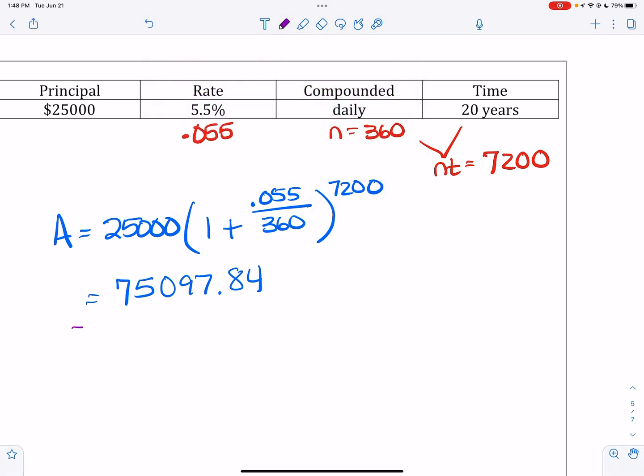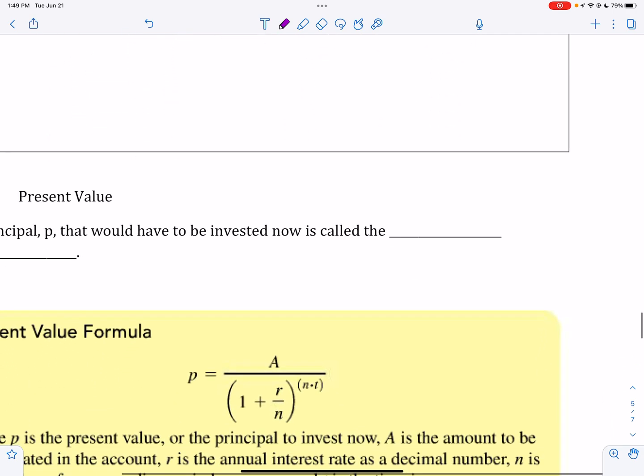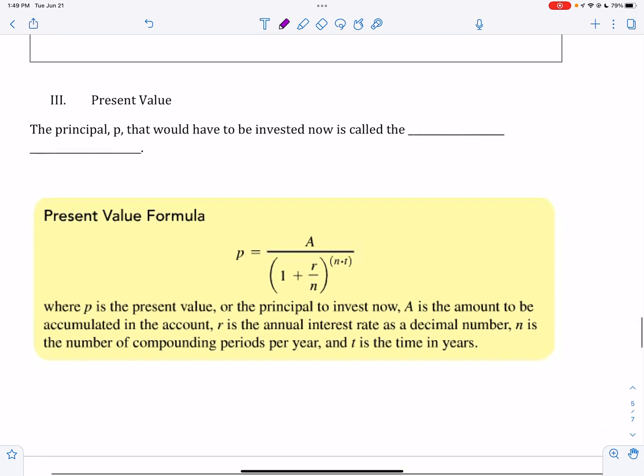And when I figure out my interest, I will take out the 25,000. And so that says I've earned $50,097.84.